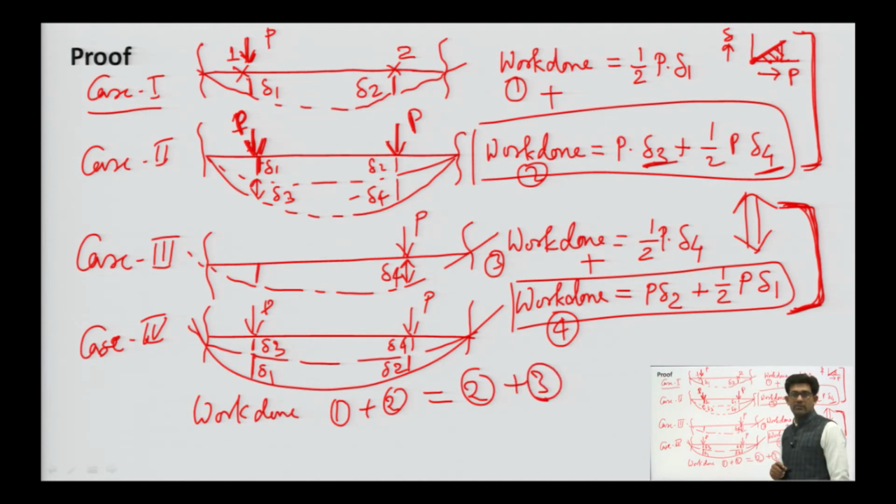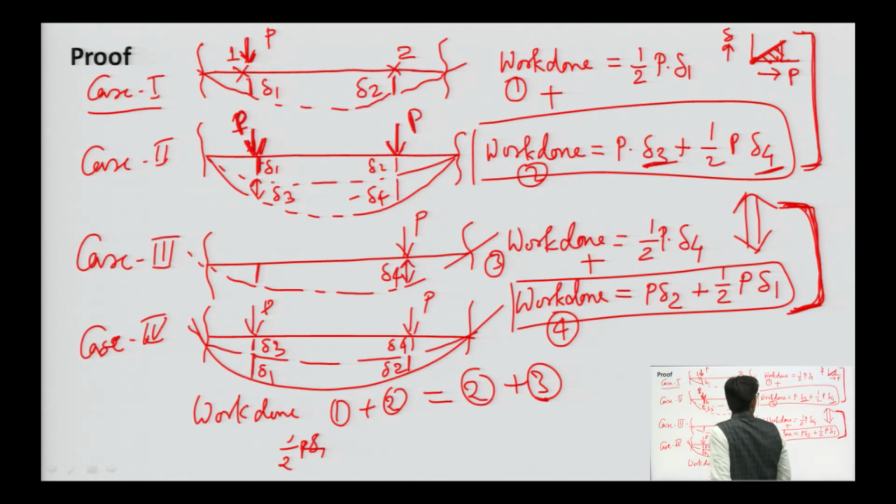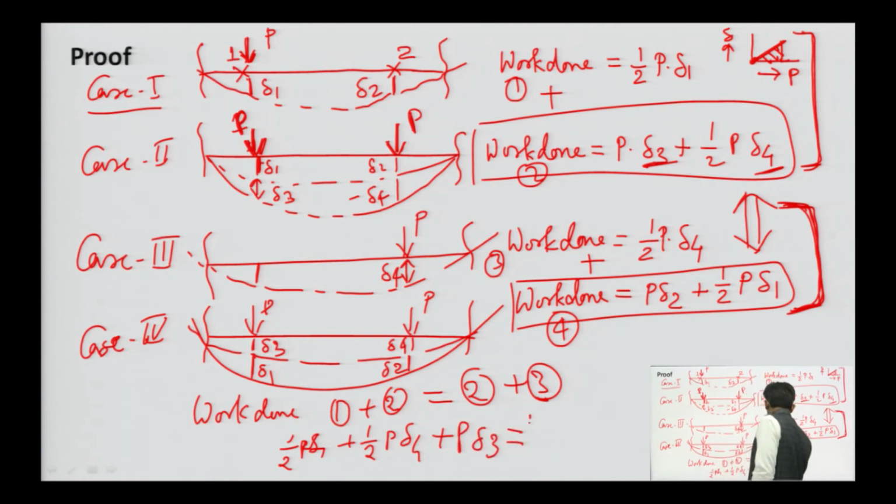If we do this, then we get half of P into del 1, plus half of P into del 1, plus P into del 3, is equal to half of P into del 4, plus P into del 2, plus half of P into del 1.